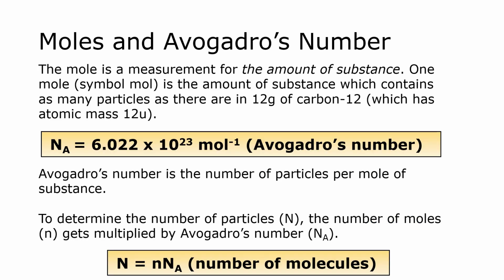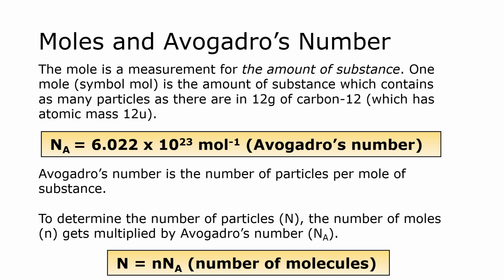And to be more precise with moles, the symbol is mol. The formal definition is the amount of substance which contains as many particles as there are in 12 grams of carbon-12, and this number, Avogadro's number, which is a very important constant, is 6.022 times 10 to the power 23 per mole.